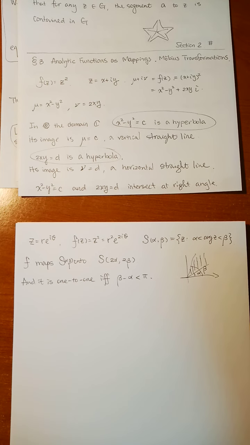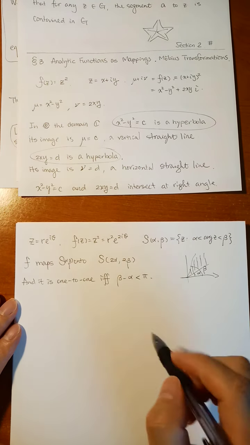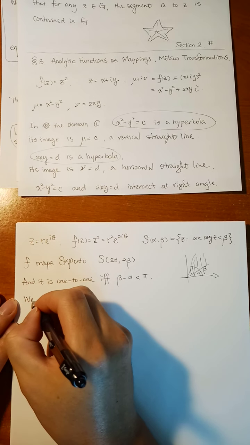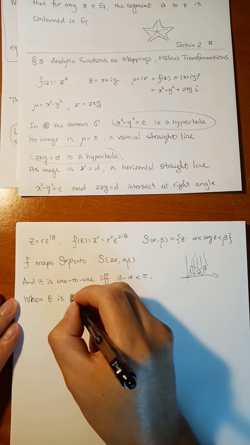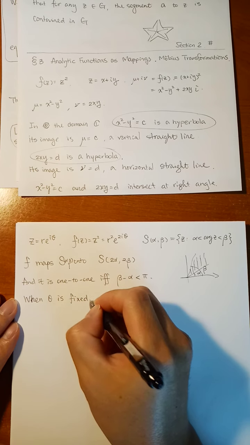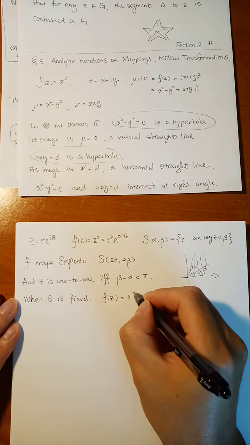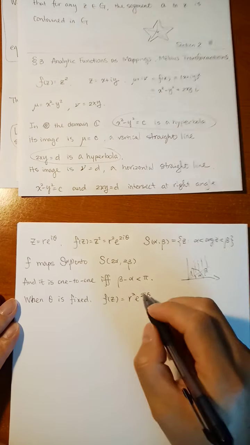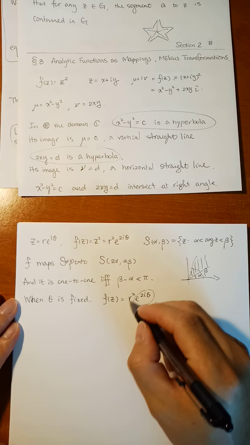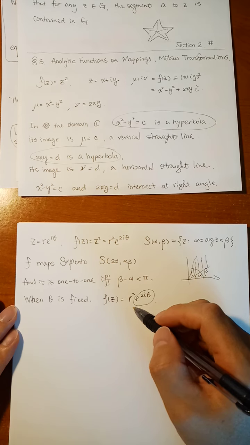Okay, and when theta is fixed, f(z) is r squared e^{2iθ}, right? So this part is fixed. You just only amplify or shrink the magnitude.